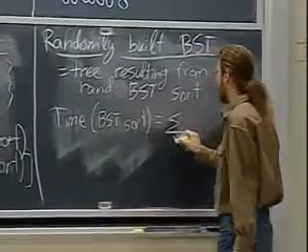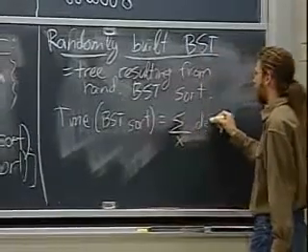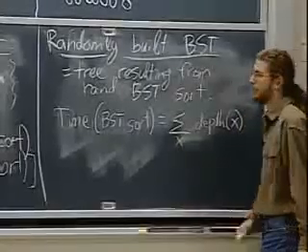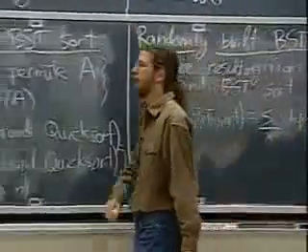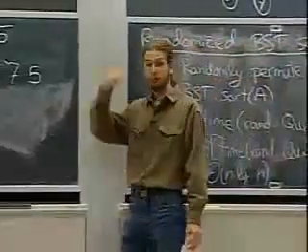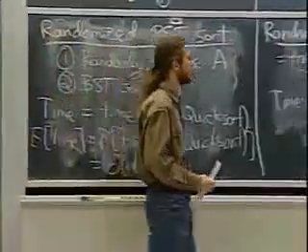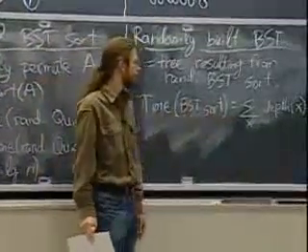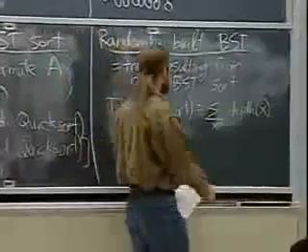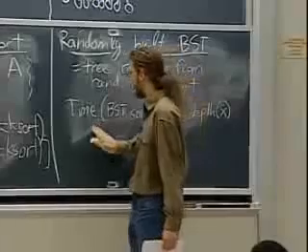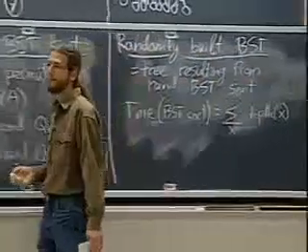It's the sum over all nodes x of the depth of that node. Depth starts at 0 and works its way down, because for the root element you don't make any comparisons. Beyond that, you're making whatever the depth is comparisons. So we know that this thing is, in expectation, n log n.